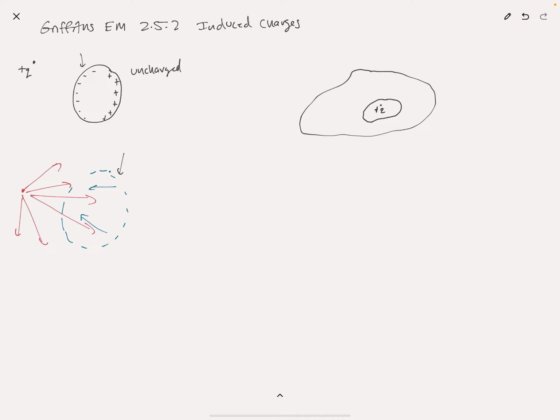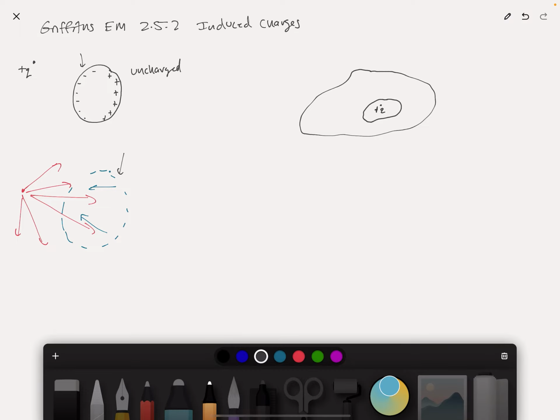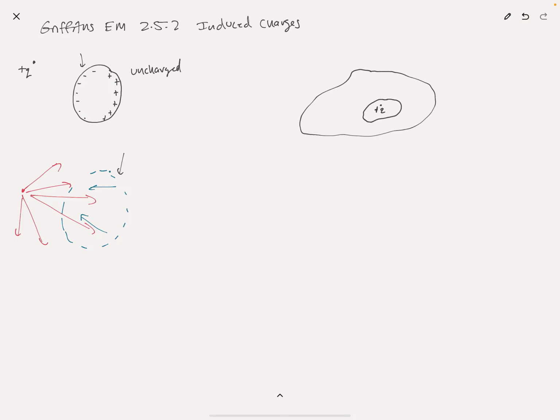Well, I know that if I'm going to use Gauss's law to calculate what the electric field is at a point in space here, that tells me about the Q enclosed, the enclosed charge. So the way it stands, the enclosed charge would be plus Q, and then I would measure an electric field at this point, or at this Gaussian surface.